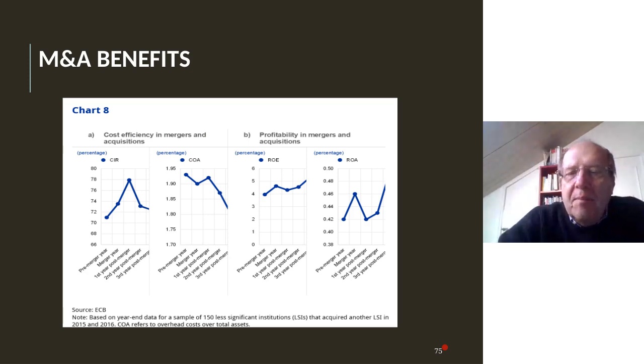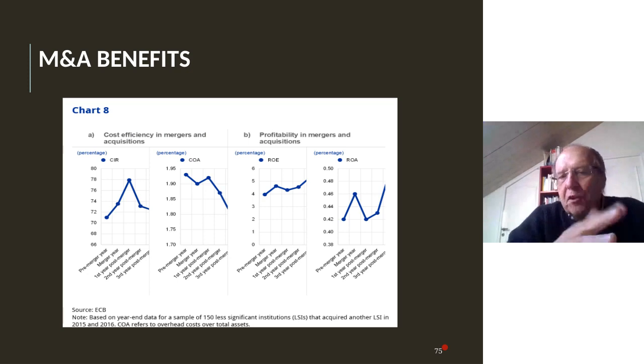That's the same if you take another ratio, which is the cost on asset. We discussed the merit of the two. Here you see that the cost on asset looks a little bit smarter because you do not have the revenue impact. And you can see that both return on equity and return on assets increase.